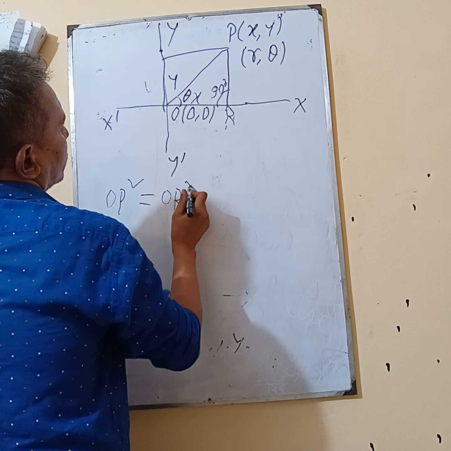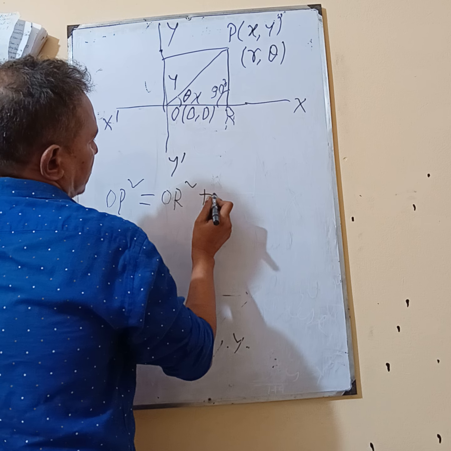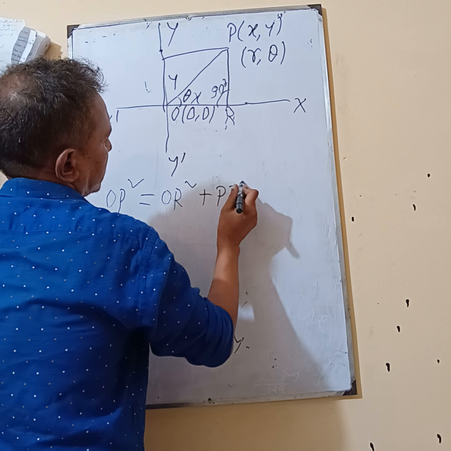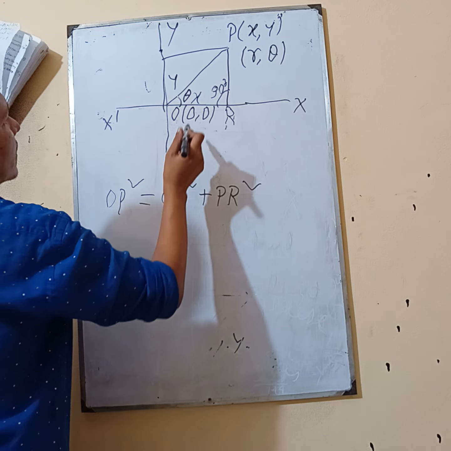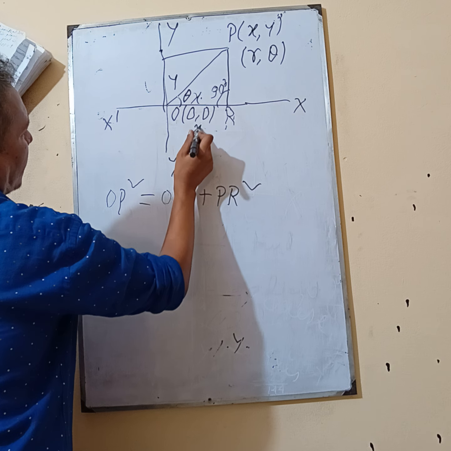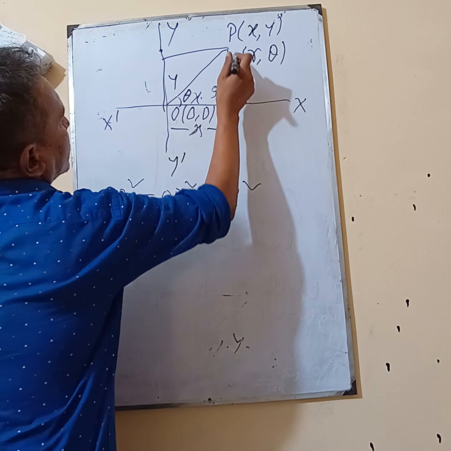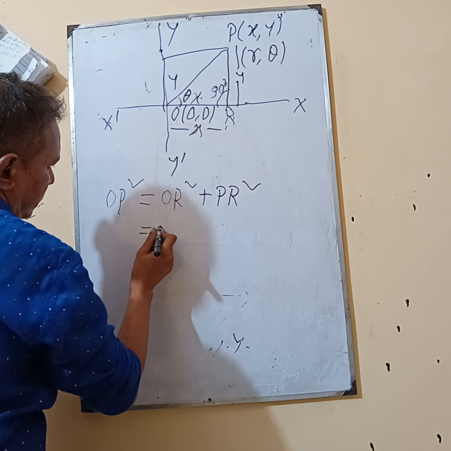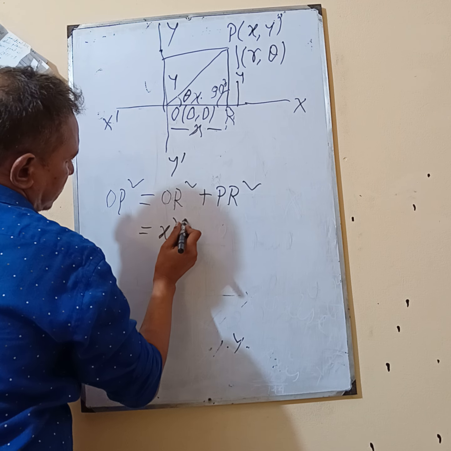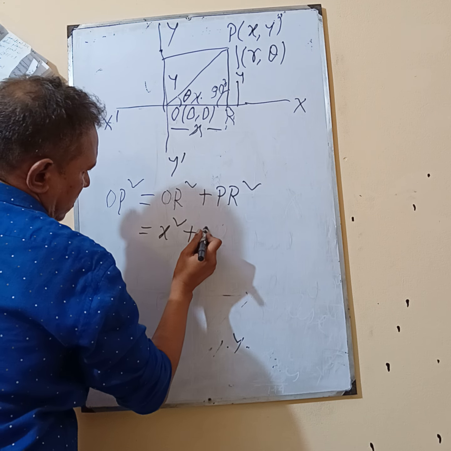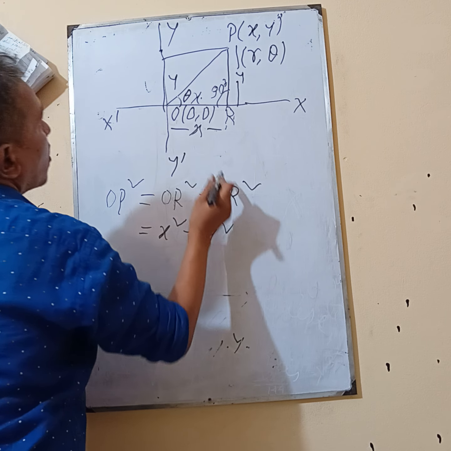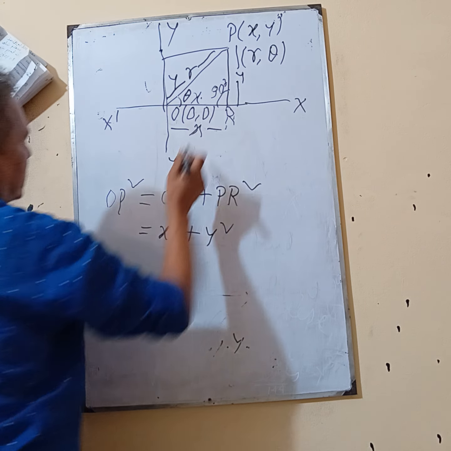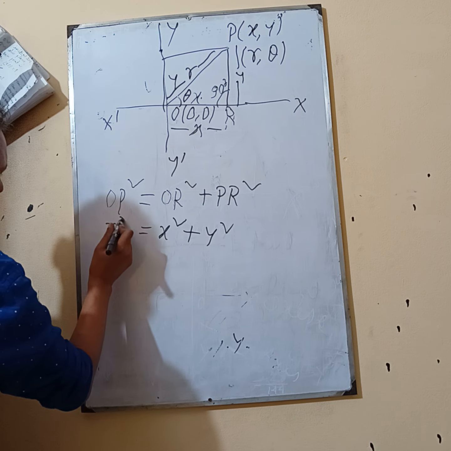OR is x, PR is y. So x square plus y square equals OP square, which equals r square.